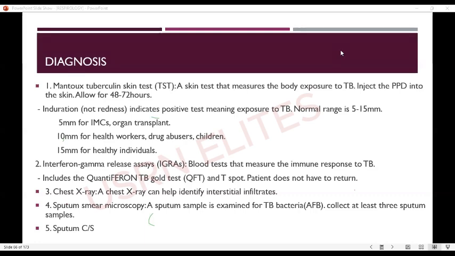So let's zoom into it. Tuberculin skin test, a skin test that measures the body's exposure to TB. Now, how do we do this test? You inject the PPD, which we call purified protein derivative. It is like a protein substance. They will inject it into the skin. Where particularly? They can ask in English.